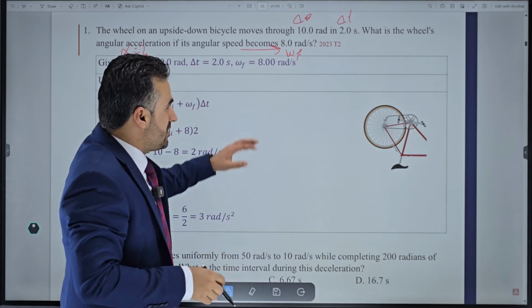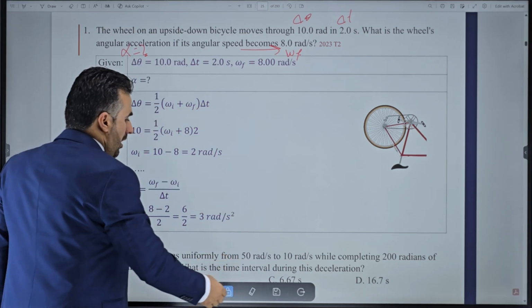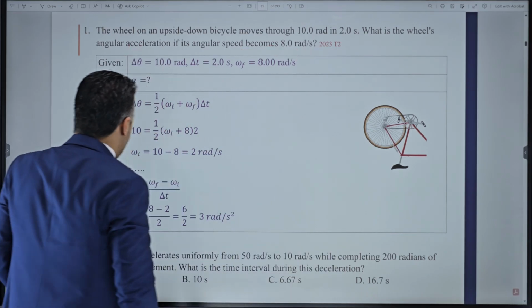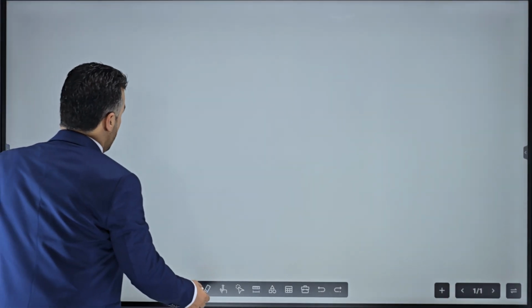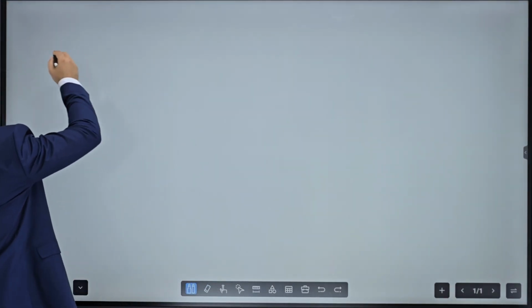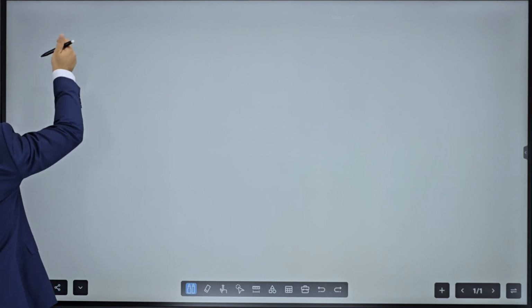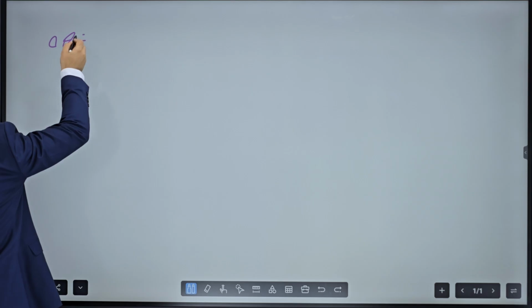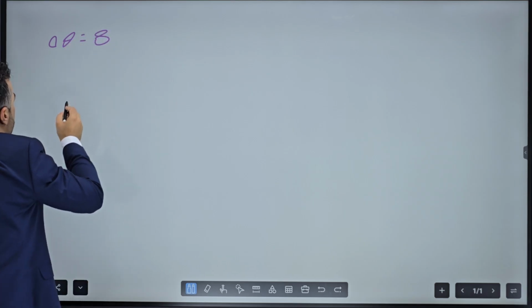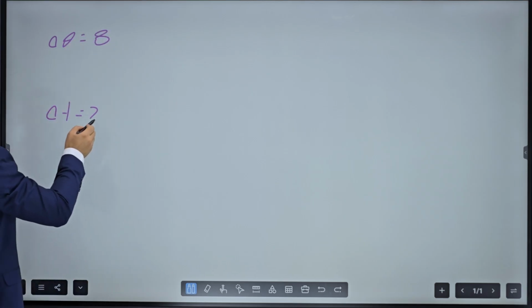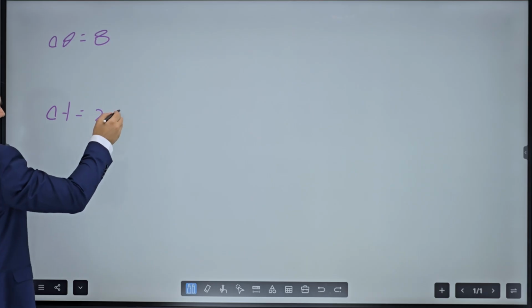All right, if that is omega final, then how do you find the angular acceleration here? So let's do this one together. So once again, let's say angular displacement, it was 10, right? The time that was given was 2 seconds, okay?